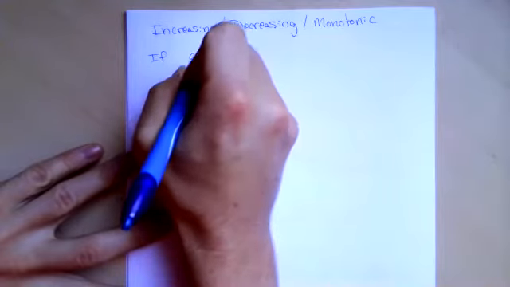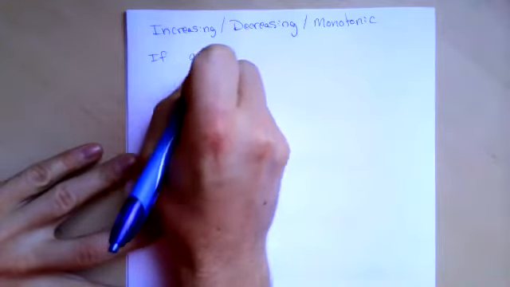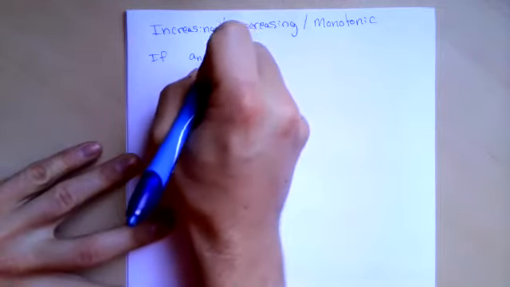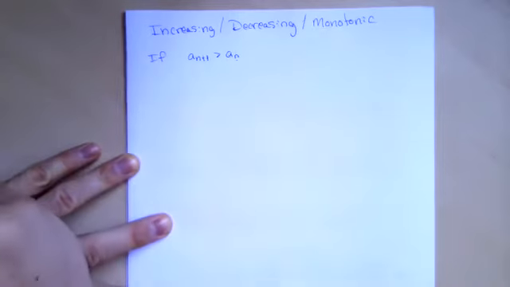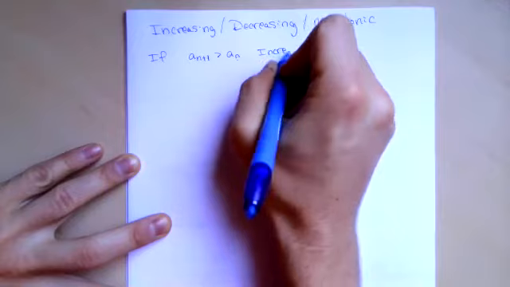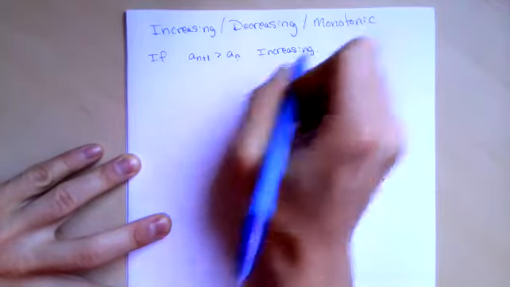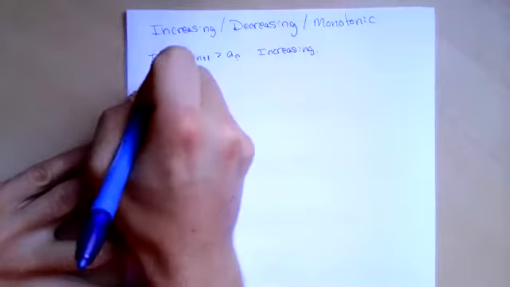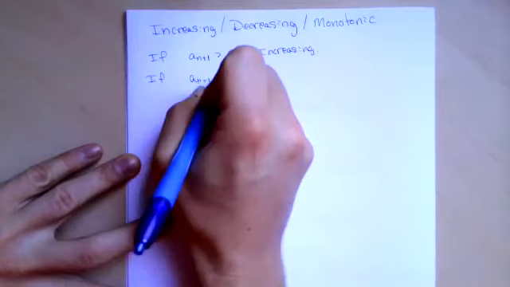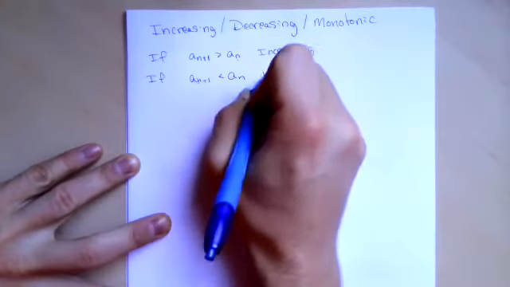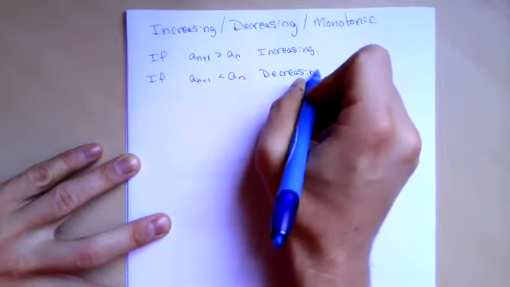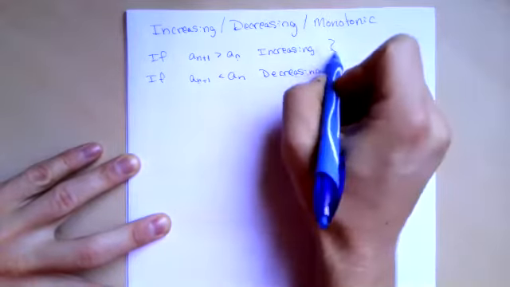So think of if the next term, so whenever I put a subscript as a_{n+1}, think of that as if the next term is bigger than my current term, a_n, that means we are increasing. Of course, this has to hold for all n. If a_{n+1}, if my next term is less than my current term, for all n, decreasing. Monotonic just means it's one of these guys.